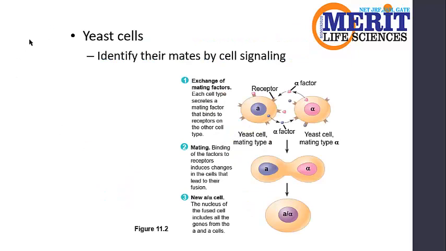If you'll see the yeast, right, there is an exchange of yeast mating factors for the mating. So there is a signal transduction, there is a signaling. How does this signaling operate?